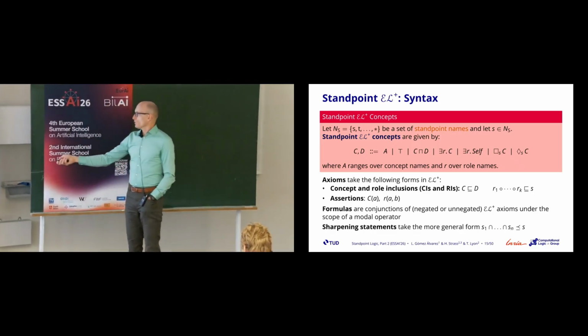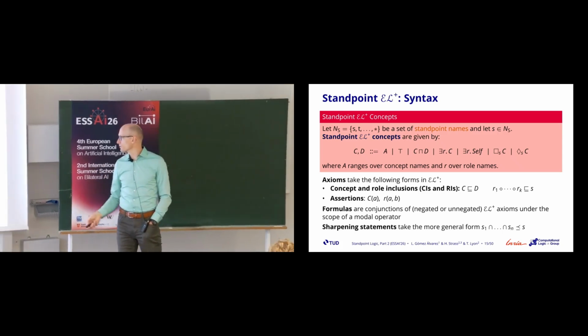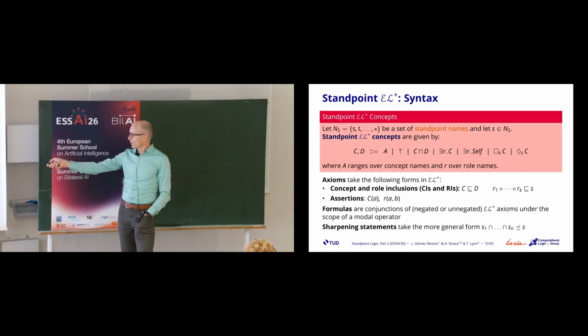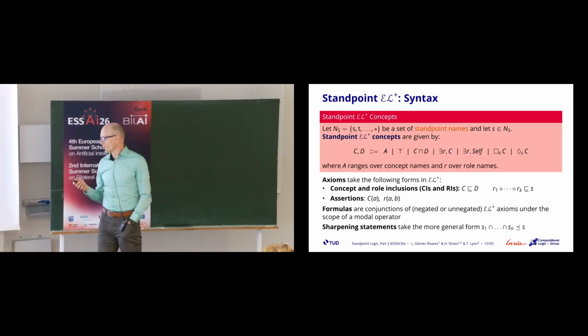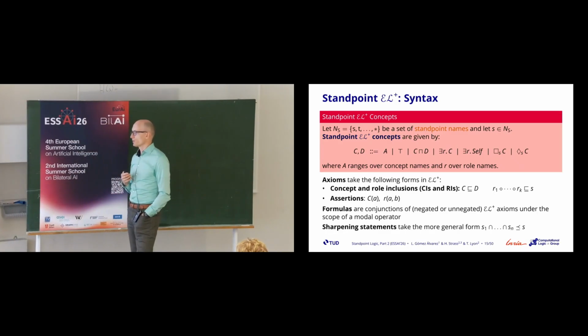So you still have the sharpening statements you had before, right? By just setting n to 1, just write one standpoint name here. But you can also express more general things. Right? And of course, this bears similarity to these role chains. So this is also something that we could do in a complexity neutral way, so we decided to allow it.